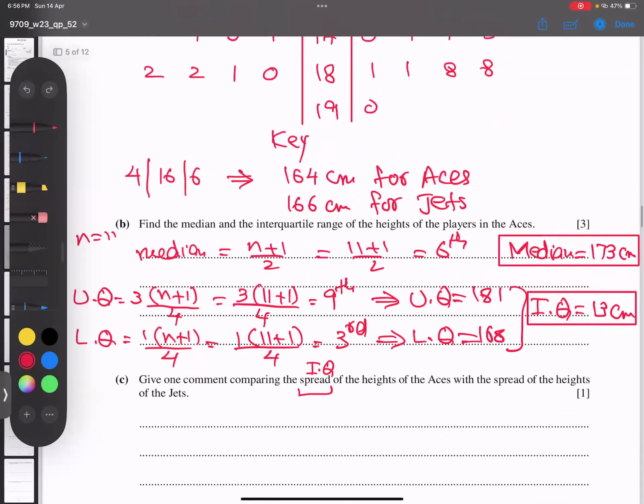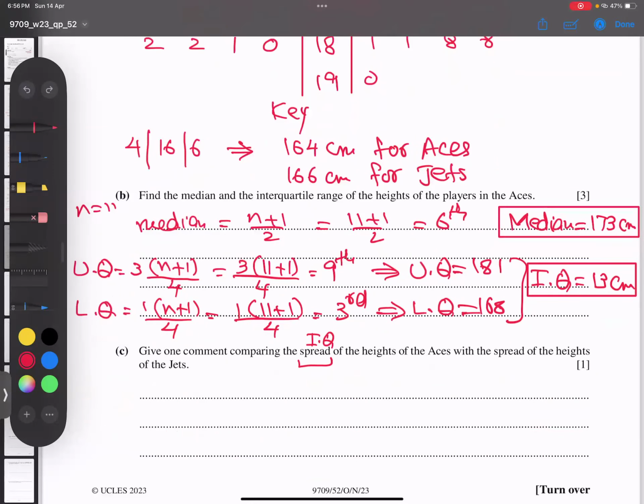So we can give one comment: jets have more height, or greater heights, as compared to aces.